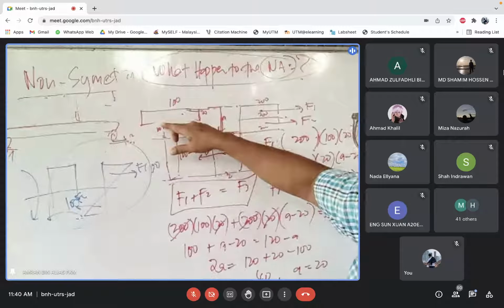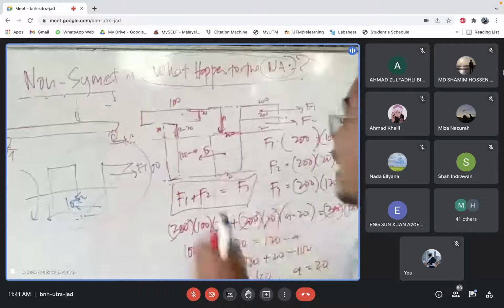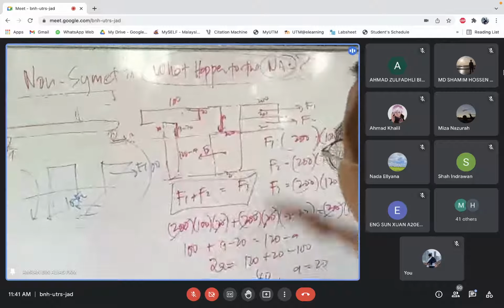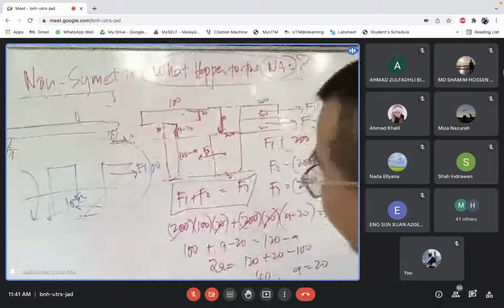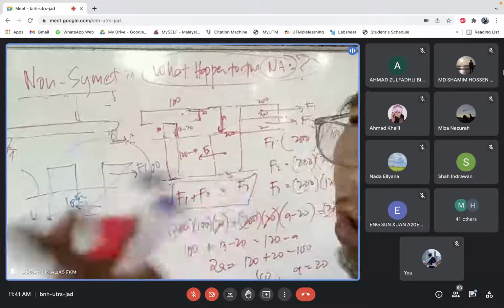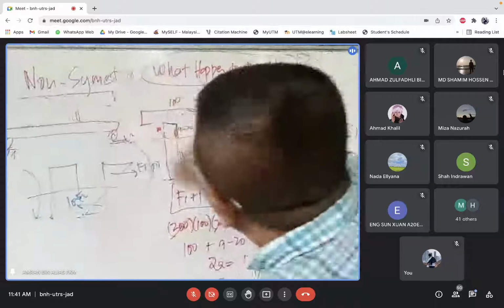Are you with me, guys? Yes. This is fully plastic. So the real diagram for this one is what? This is just F1, F2, F3 just to solve your A. Once you know your A is 20 in this case, draw it back.